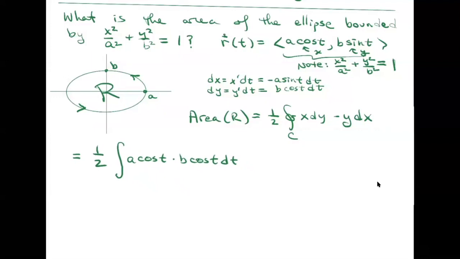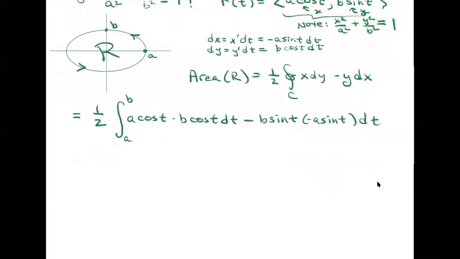t is ranging from a to b. Then minus y, which is b sine t, dx, which is negative a sine t dt. Now notice that's one integral with two dt's, which is just so uncomfortable, right? But of course, we're going to put a 1/2 and an ab out front.